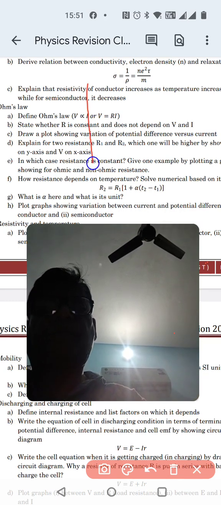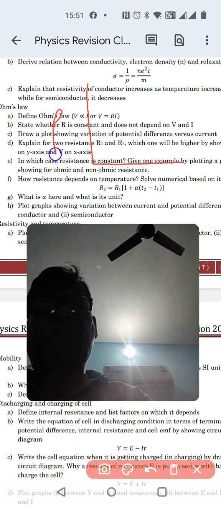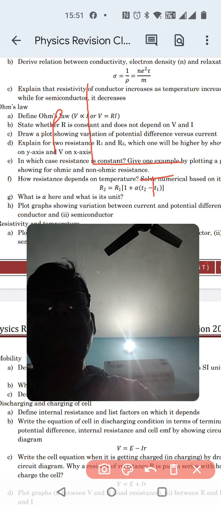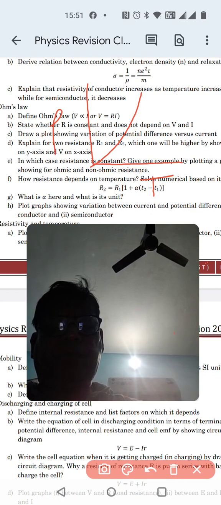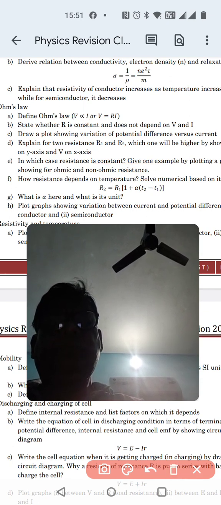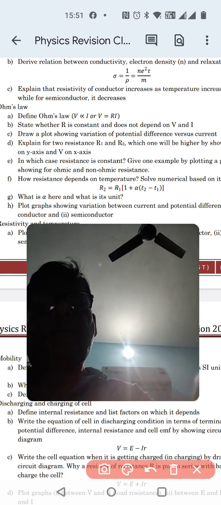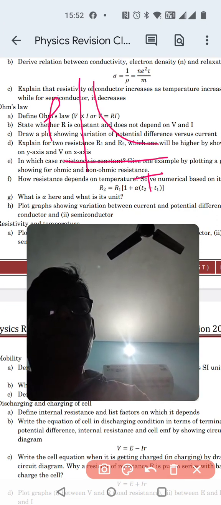We can show for conductor resistivity and temperature variation, as for semiconductor, it is resistivity versus temperature as this graph, rectangular hyperbola.